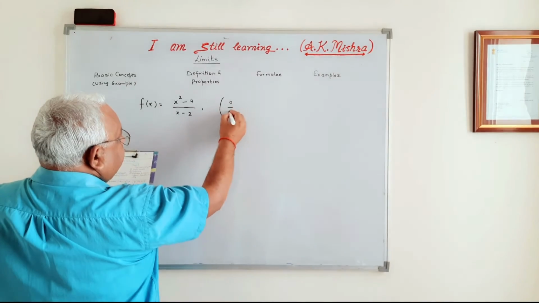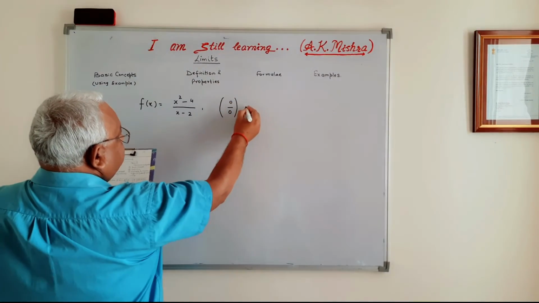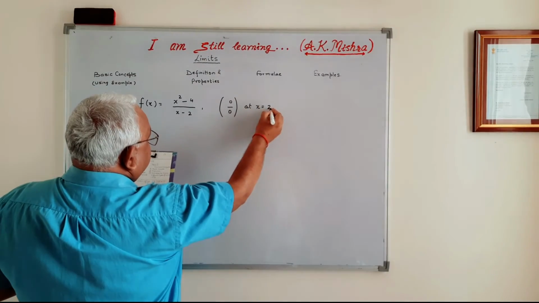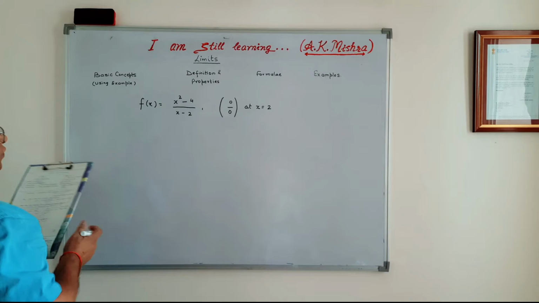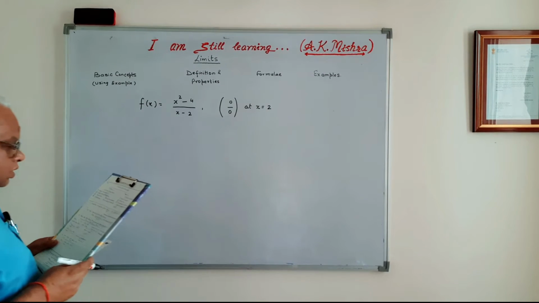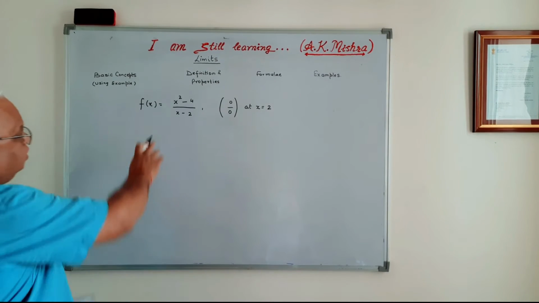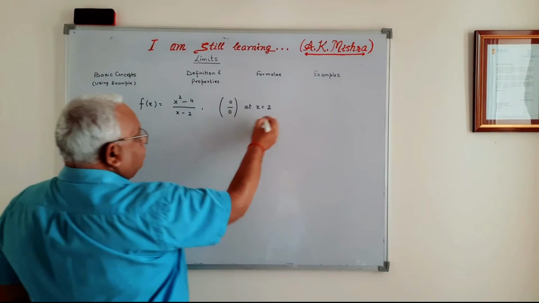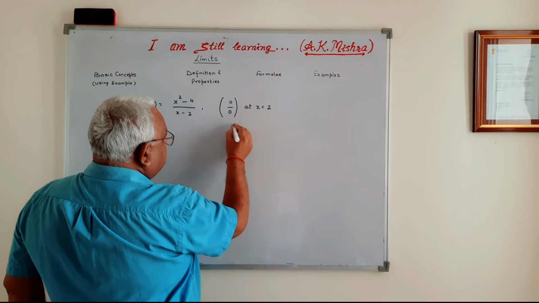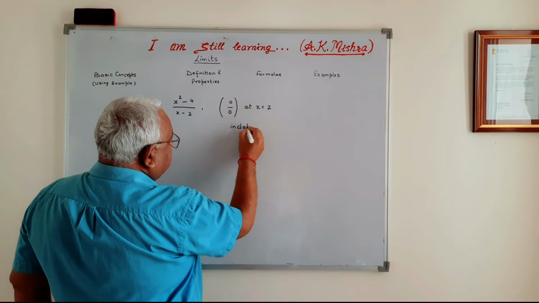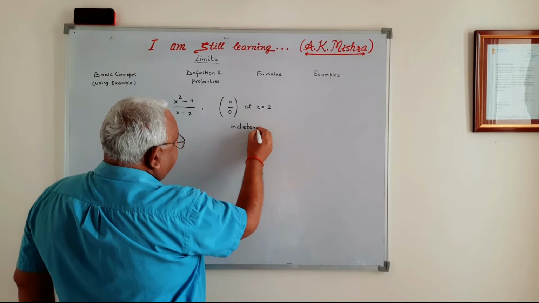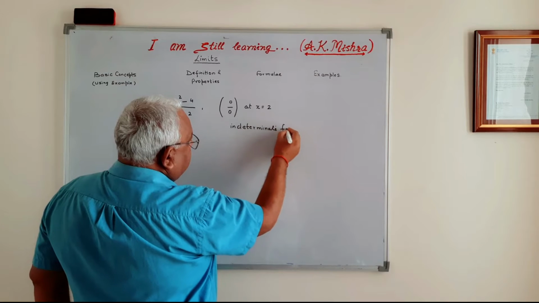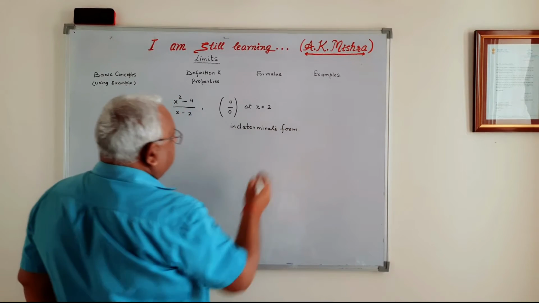This is a case of 0 by 0 at x equal to 2. If you put the value of x equal to 2 in this function, it will become 0 by 0, which is called indeterminate form.